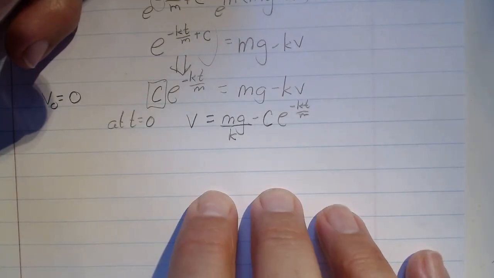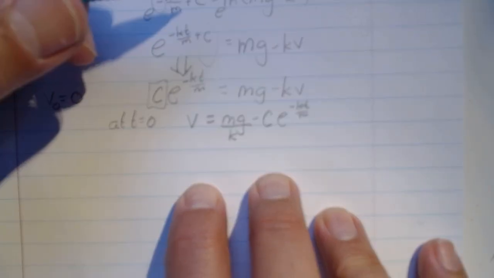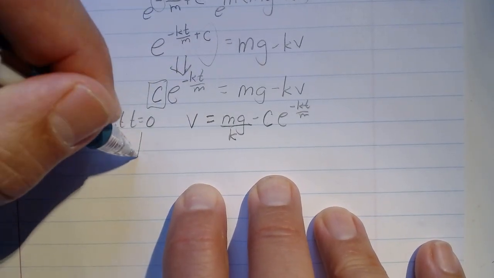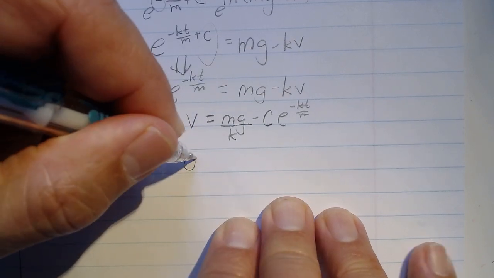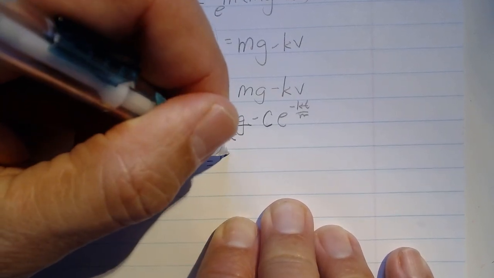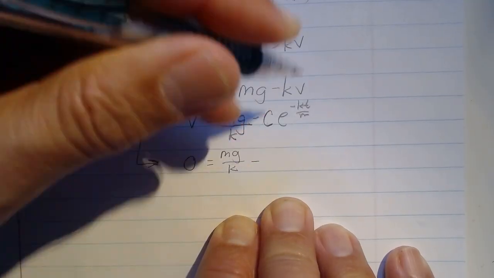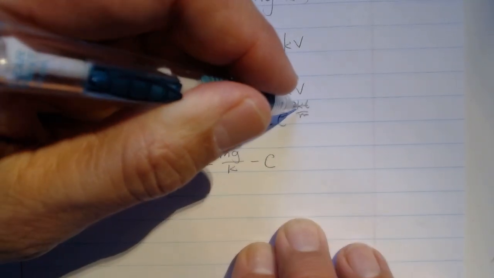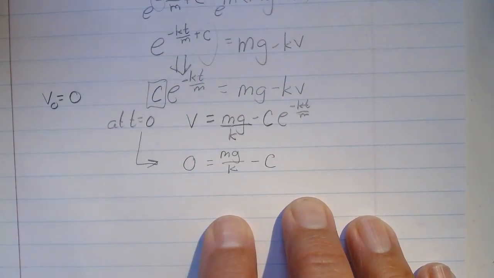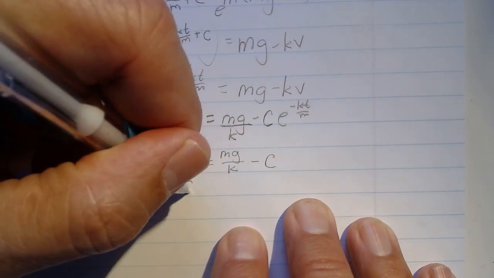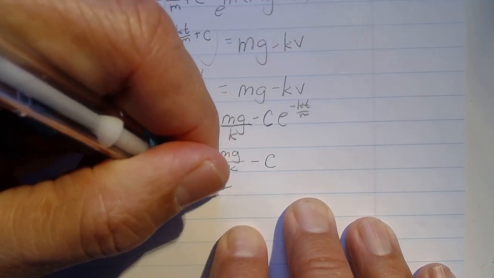So now I have this, and now what I want to do is evaluate it at t equals 0. At t equals 0, that velocity is going to end up being 0. So mg over k minus c times e to the 0, which is 1. So we end up having this. So the constant equals mg over k.